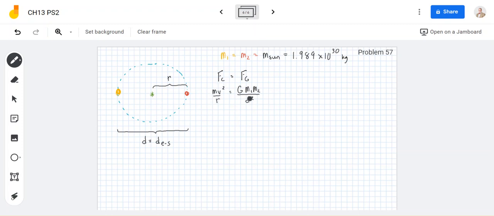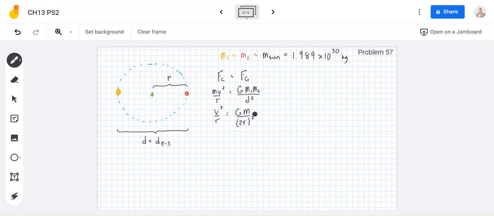So, what do we know and what are we looking for? Eventually we have to figure out the period, okay? So one of these m's can cancel because it was just for this. So v squared over r is equal to G m all over 2r squared.